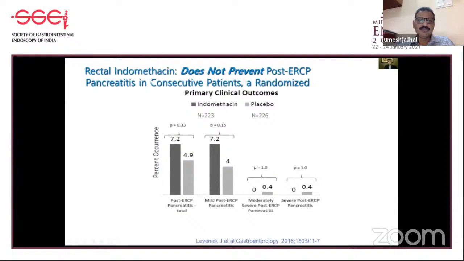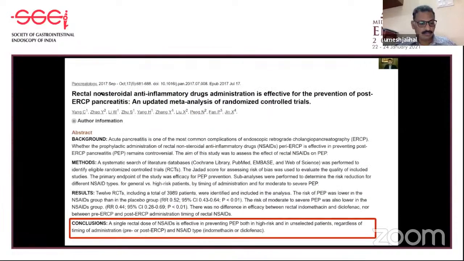This is a study that looked at administration of rectal indomethacin in consecutive patients, and here it does not show any reduction in pancreatitis. So for high-risk patients, yes, there seems to be a benefit. Again, this is a study that was looking at NSAID use for prevention of post-ERCP pancreatitis.